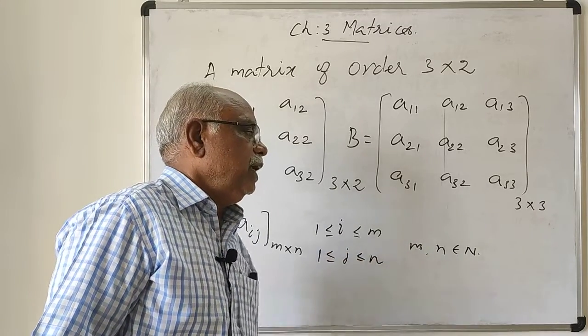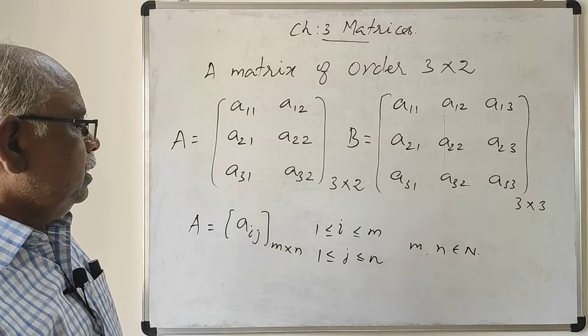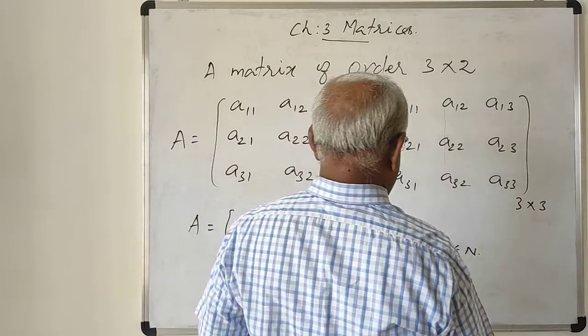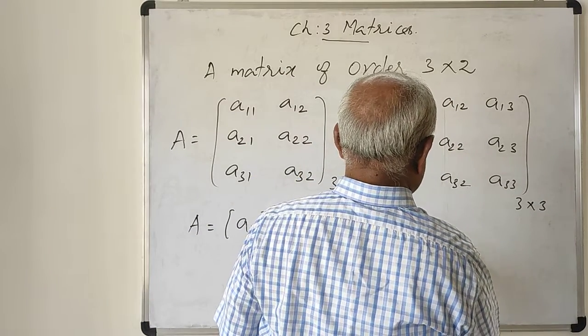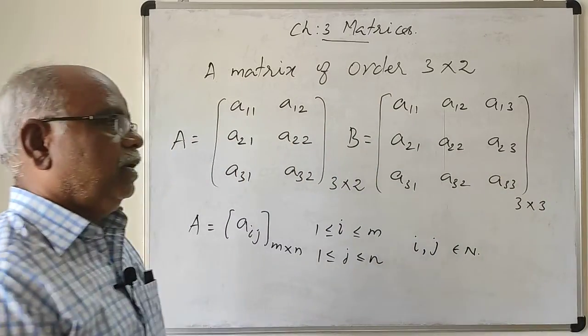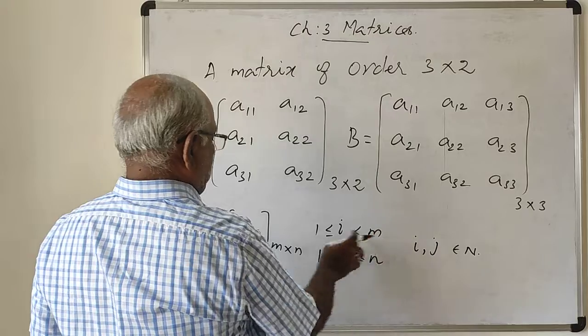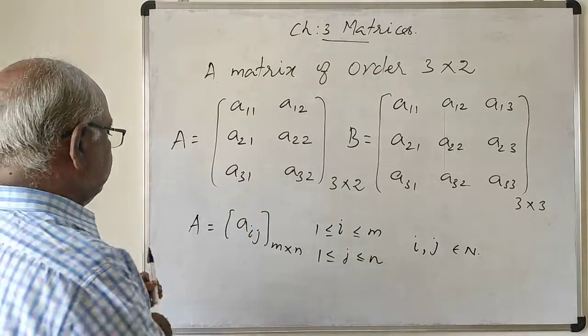So M, N. A matrix with m rows and n columns. How can we express this matrix? We will see.